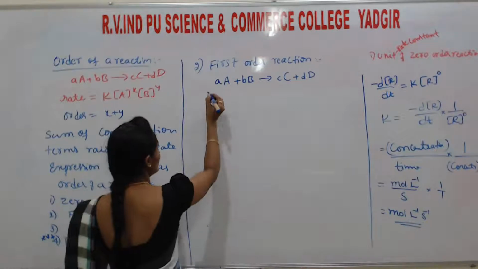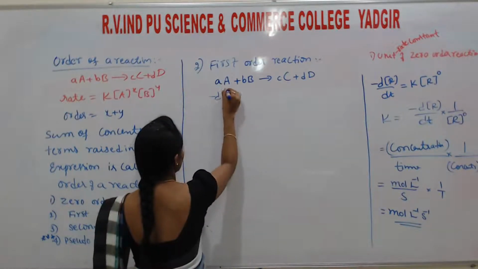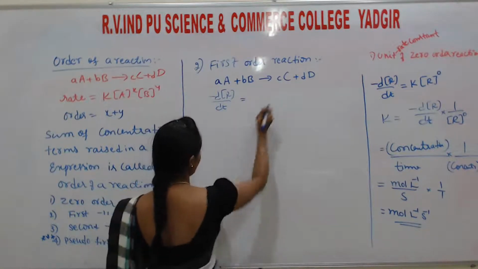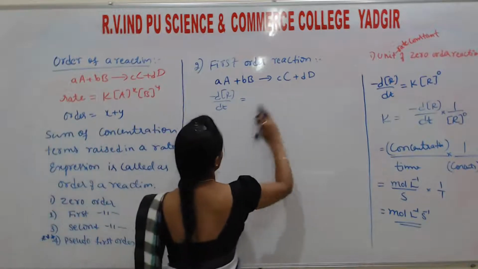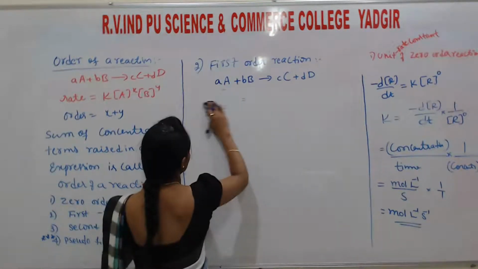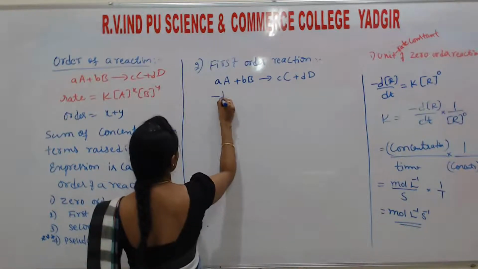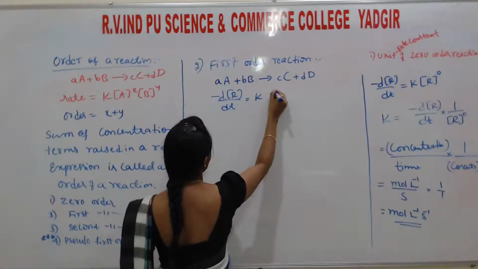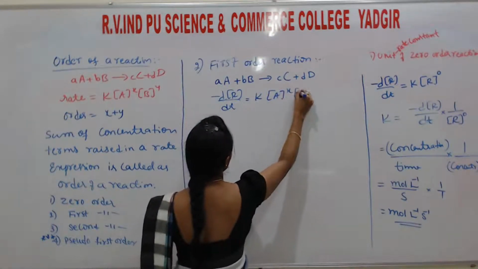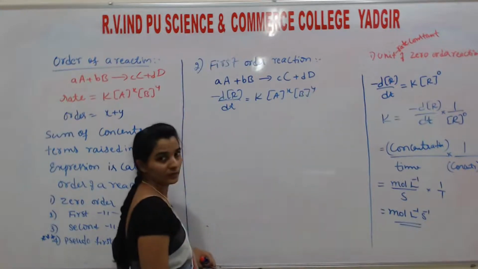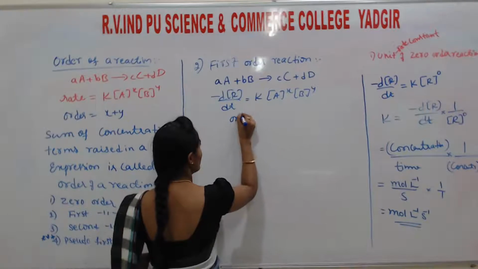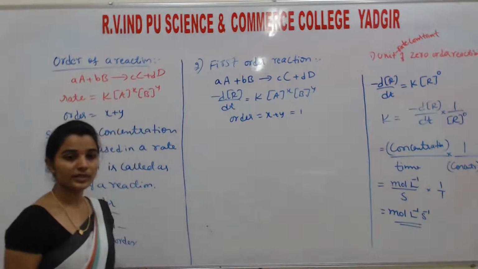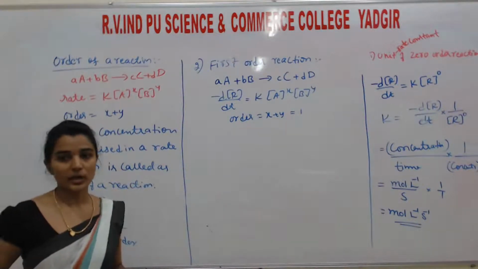In this first order reaction, the rate becomes minus dR divided by dt is equal to k into a to the power of x, b to the power of y. So here the order x plus y is equal to 1. If x plus y is equal to 1, then it is a first order reaction.